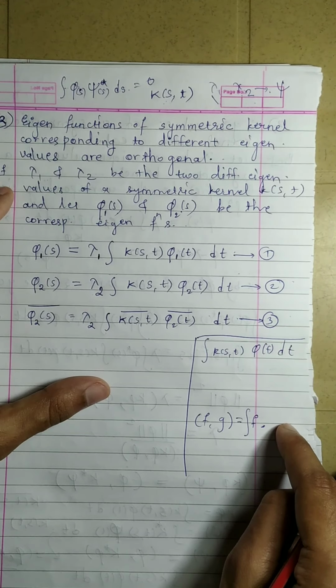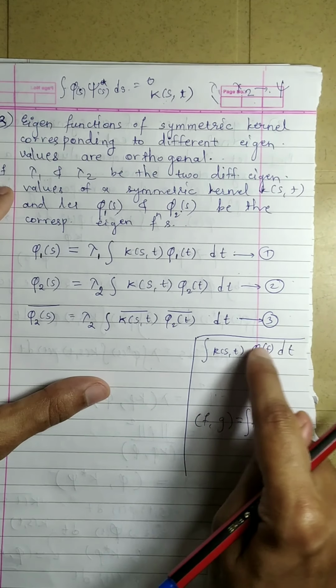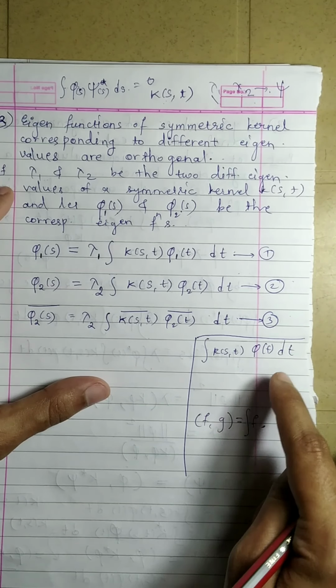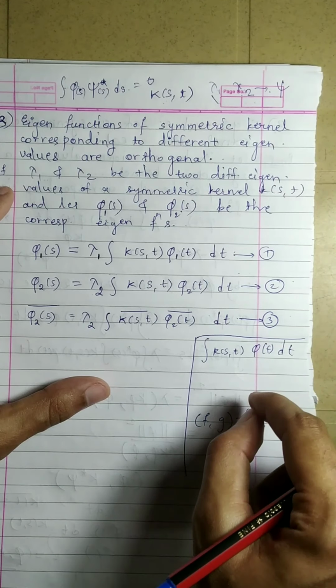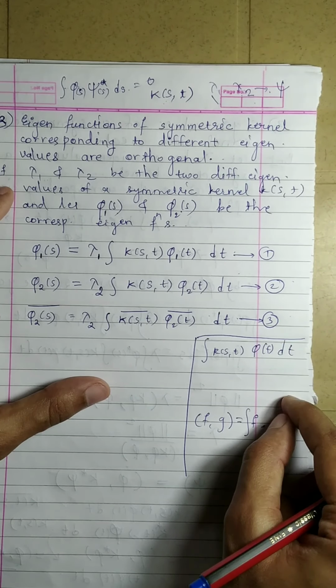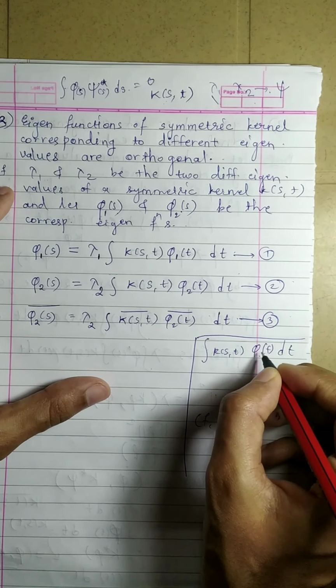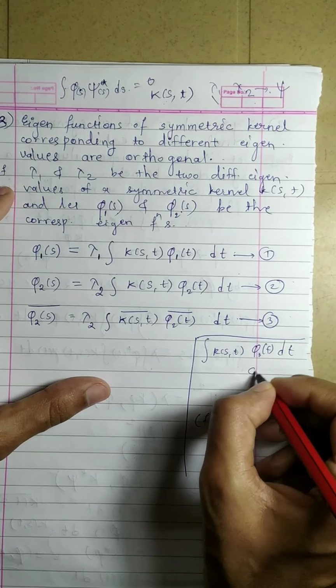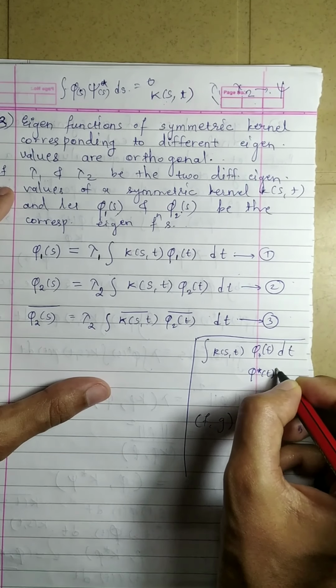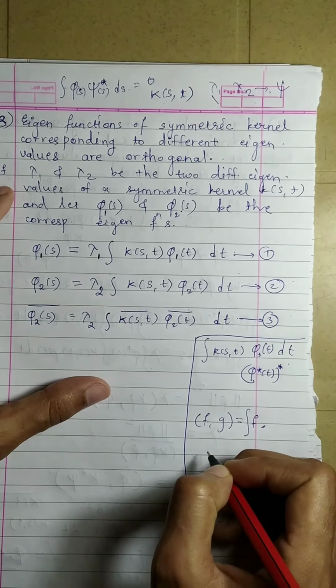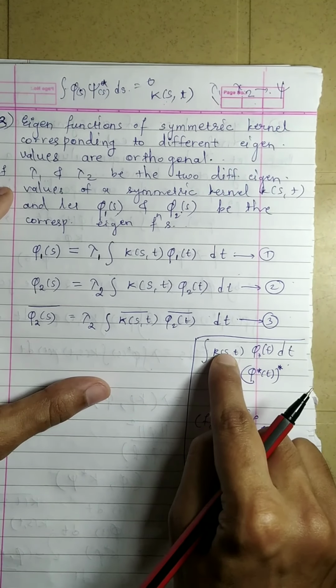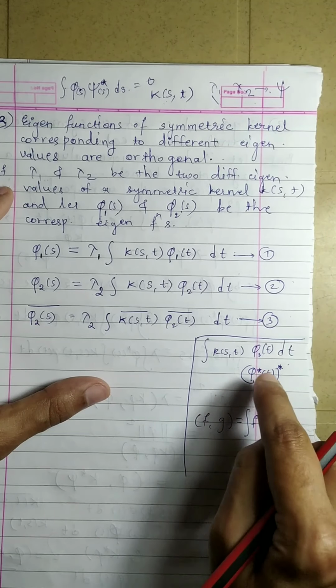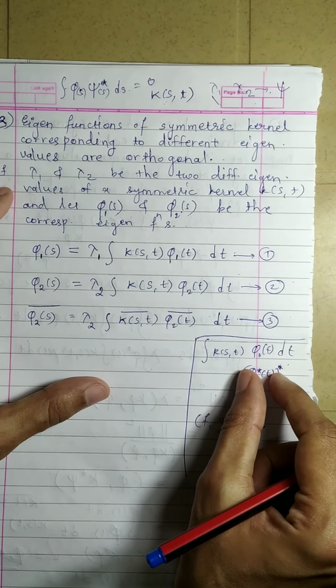So I will have to somehow identify how I can write this as one function into the complex conjugate of the other function. If you observe here, this term I can write as phi star of t, conjugate of this. So it will be this term into the conjugate of this term.